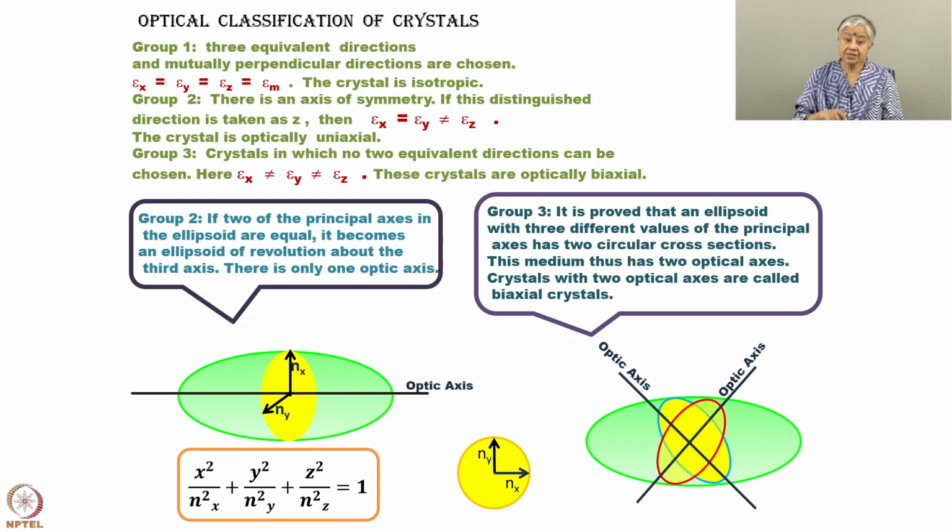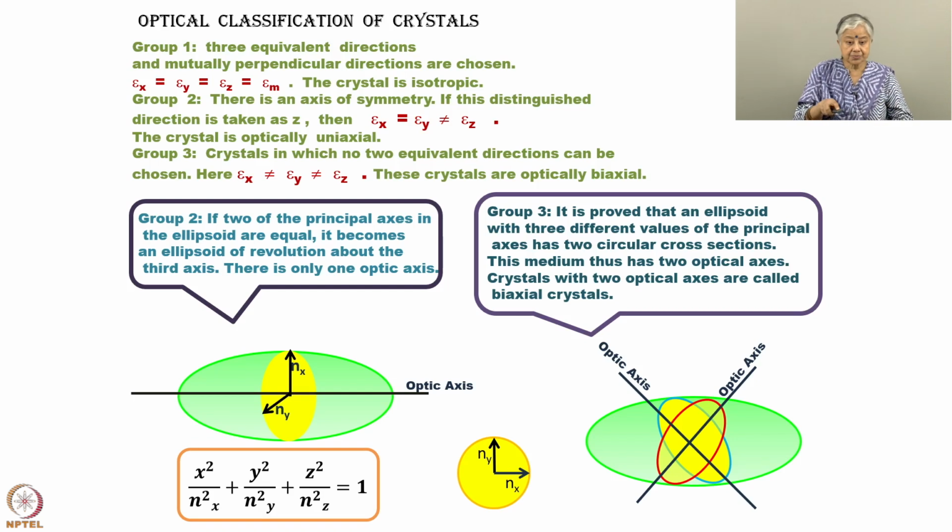In group 3, crystals in which no two equivalent directions can be chosen, epsilon x is not equal to epsilon y and not equal to epsilon z. These crystals are optically biaxial. Another way of looking at this classification of crystals is through this construction of the ellipsoid.